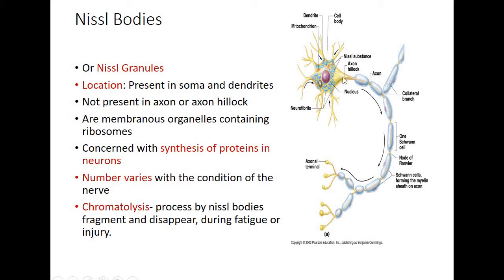Here no Nissl bodies are found, and these structures are concerned with the synthesis of protein in the neurons, and their number is variable depending upon the condition of the neuron. The process by which the Nissl bodies fragment and disappear due to fatigue or injury is called chromatolysis.